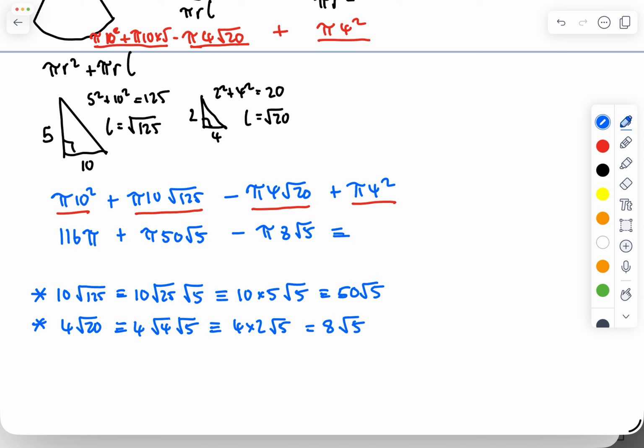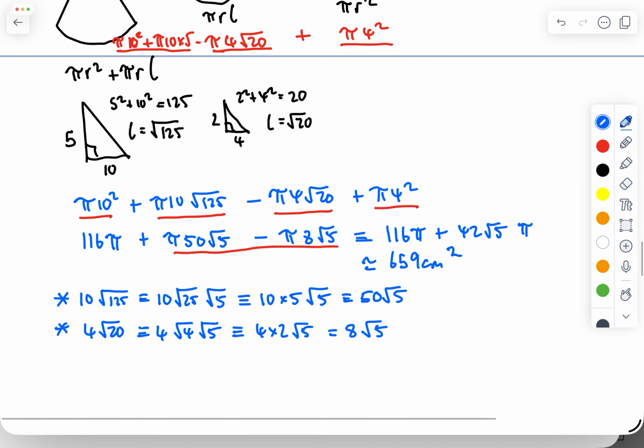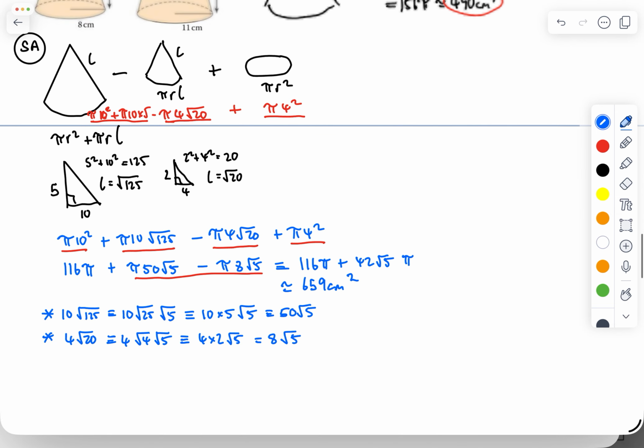So I can collect together my like terms, which are the square roots of 5, and make this as simple as possible, which is 116 pi plus 42 root 5 times pi. And that is roughly 659 centimeters squared. Remember, squared because area, cubed if it's volume. And that's it.